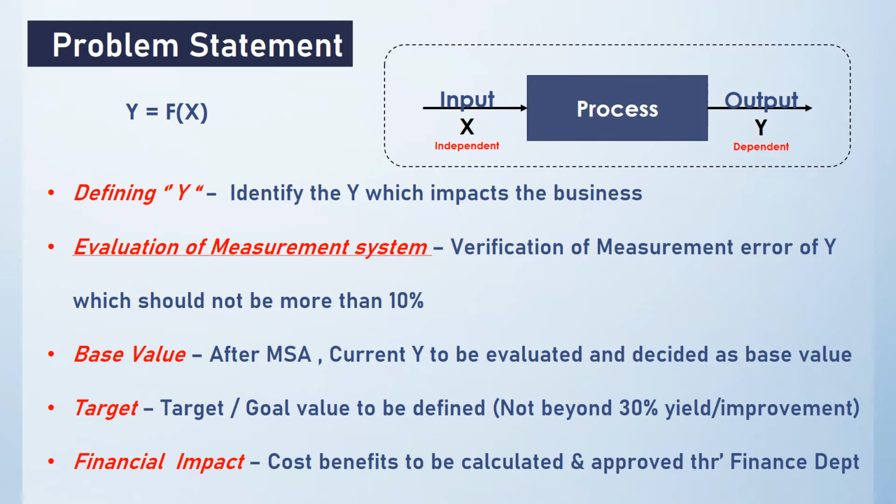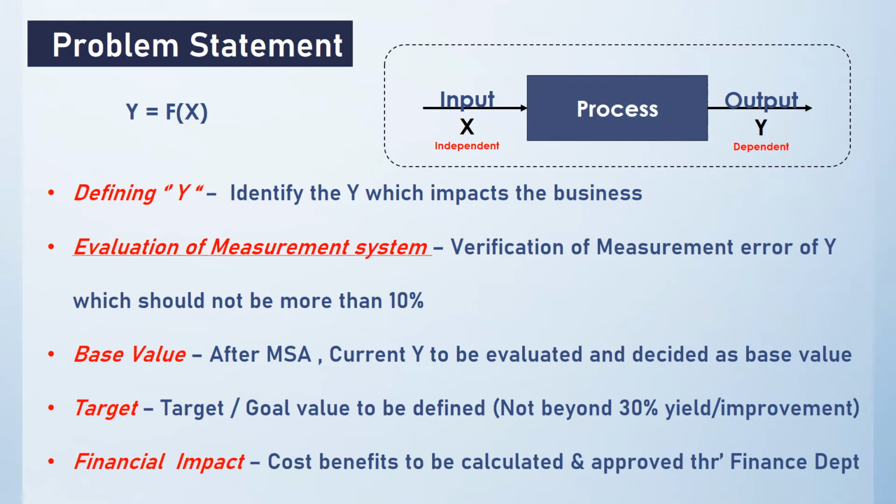For example, there is a casting process, so you are getting output only 98% okay, 2% as rejection. That rejection evaluation should be through a proper measurement system, so that the 2% whatever statement we are taking as a base for improving that rejection to 0.5%. That will be the target, but the base value is 2% rejection.